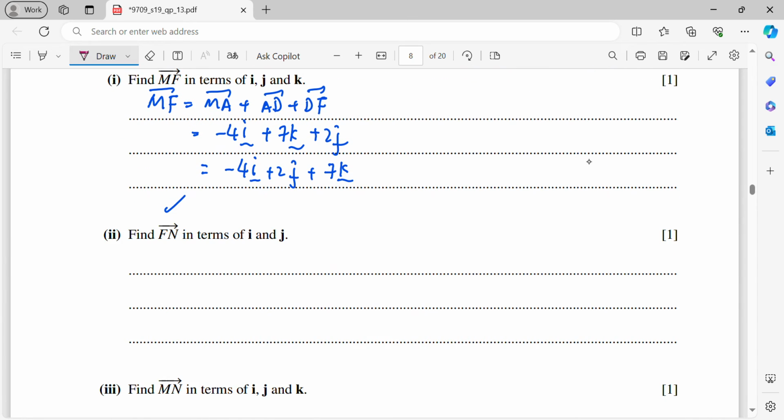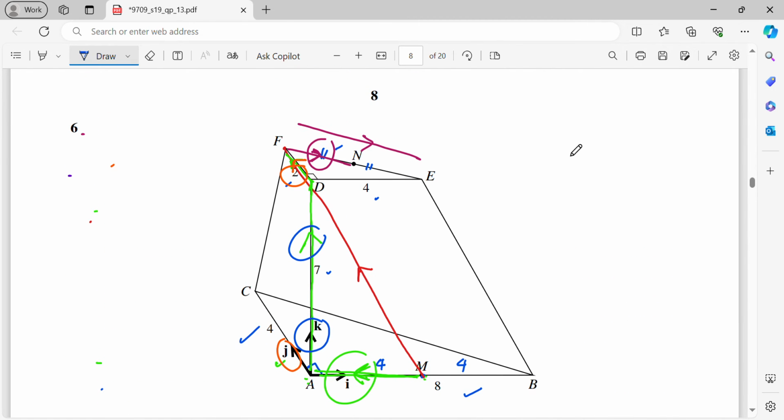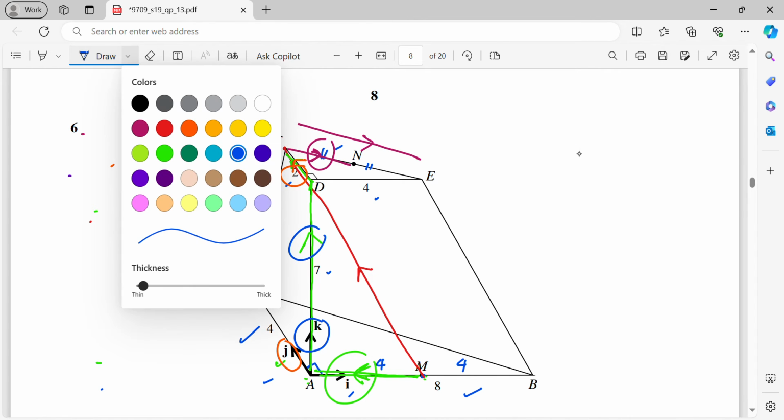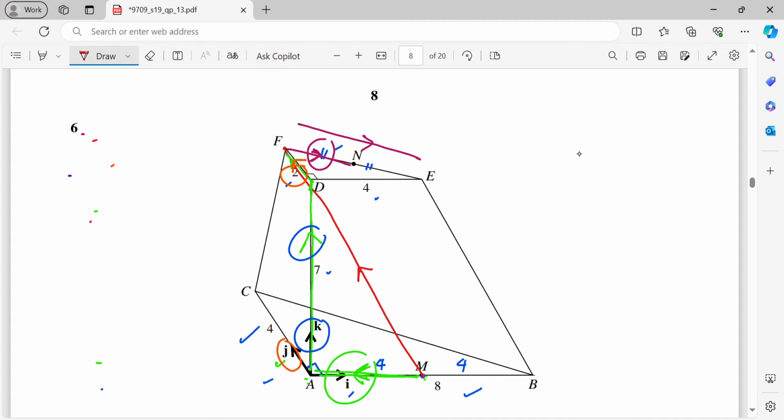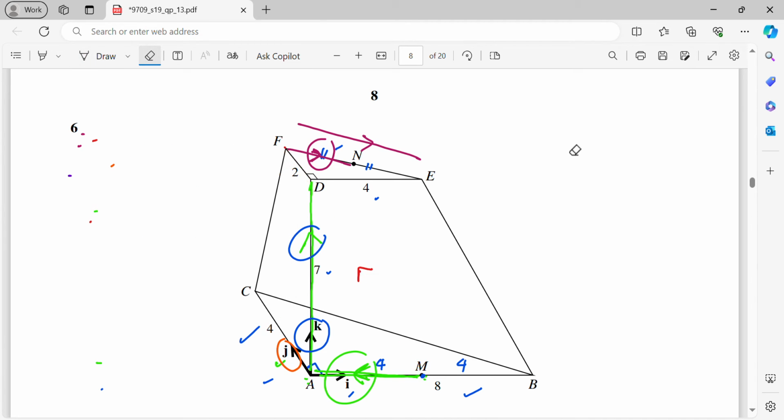So FN equals to half of FE. Now you need to get I and J, so look at the directions. So to get FE, it is same as FD.